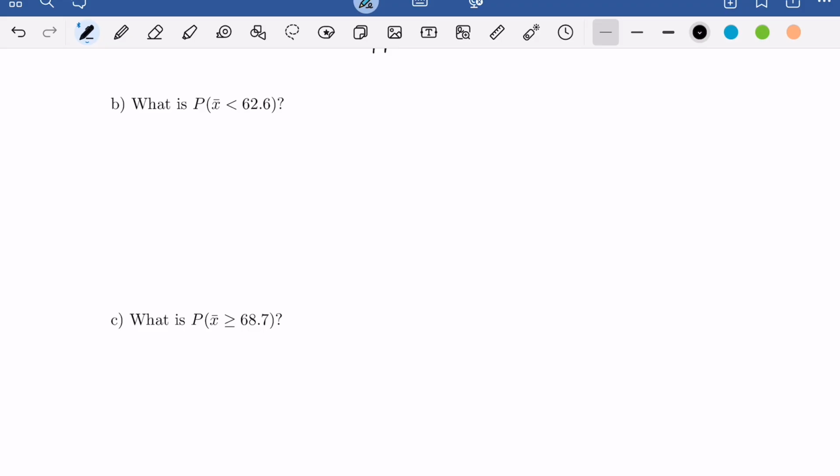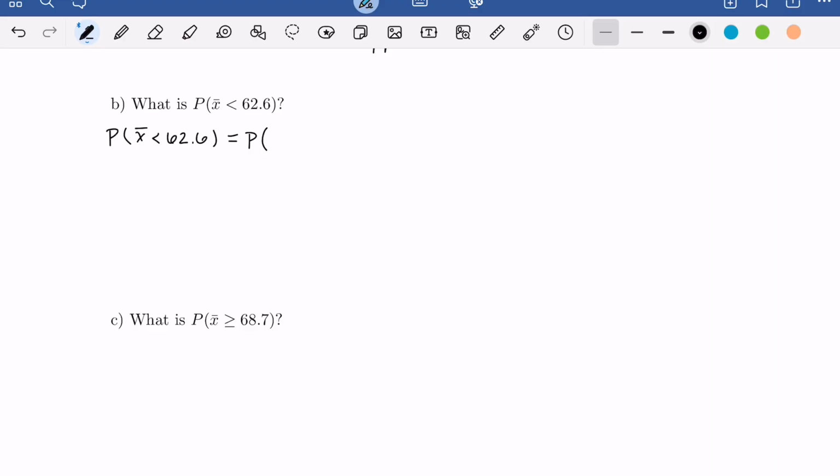Now for part B of this problem, we want to find the probability that the sample mean is less than 62.6. And we know how to do this. We are going to transform this x value into a z-score.